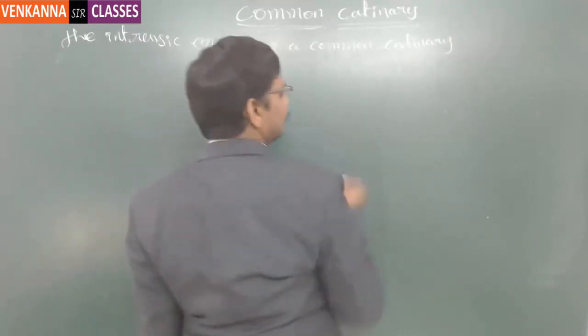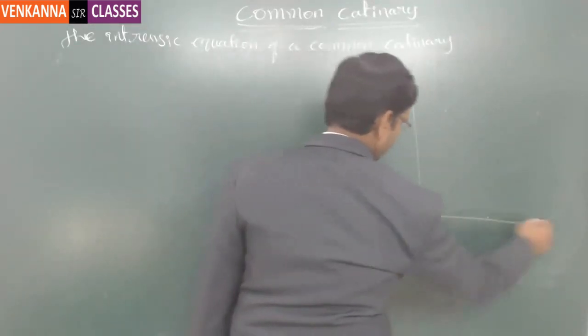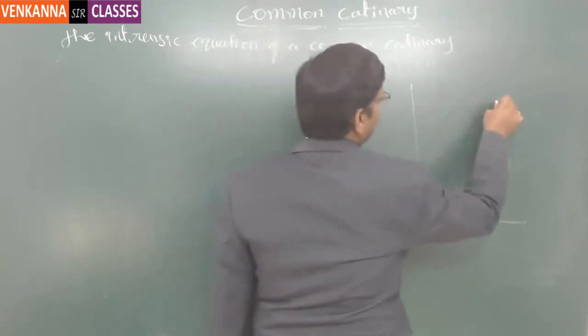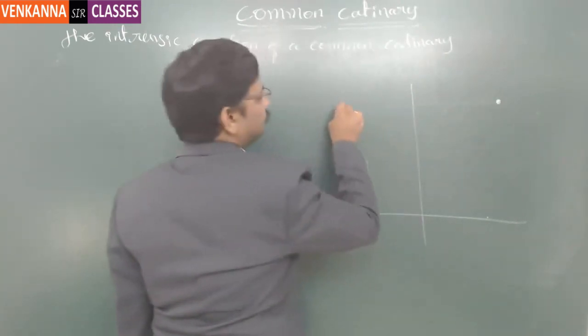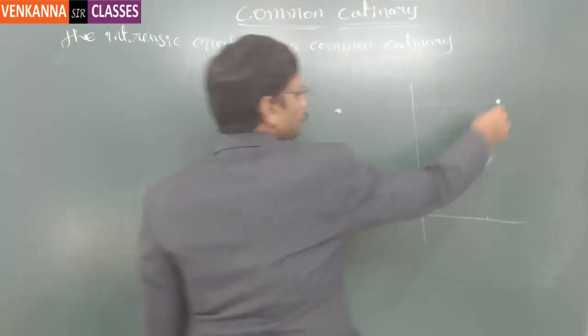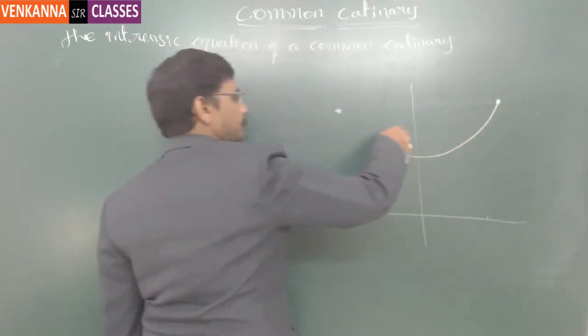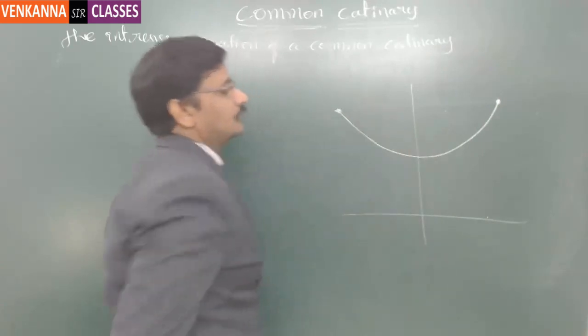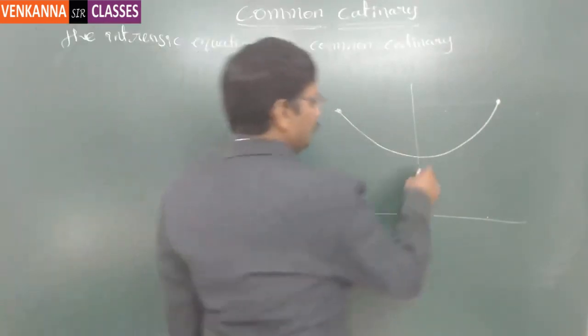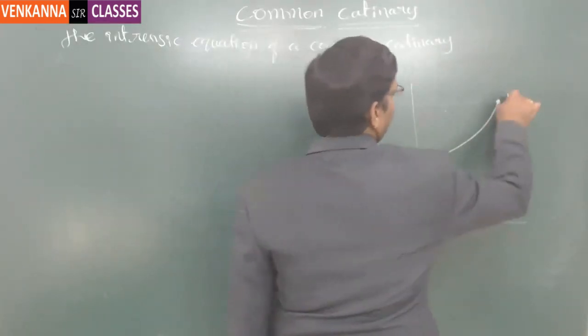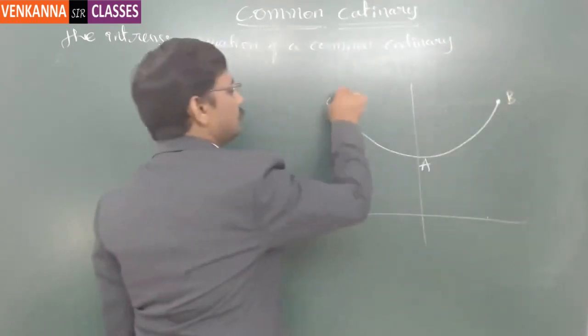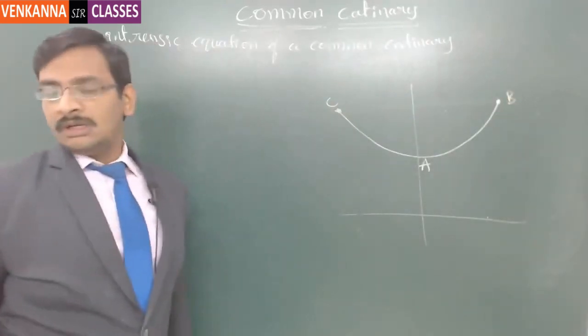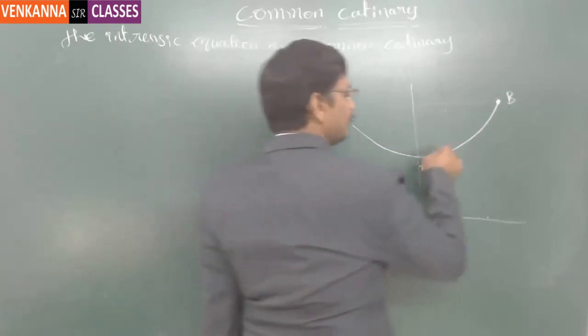Now, let us say this common catenary is tied between two different points. This is the common catenary. Let us say I call this point A, this point B and this point C. This is the length of the string.